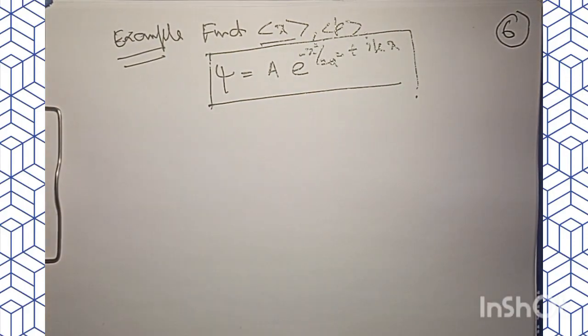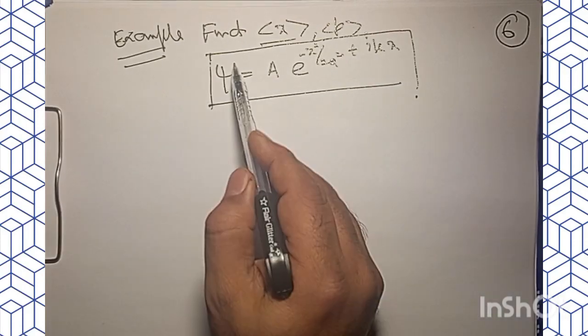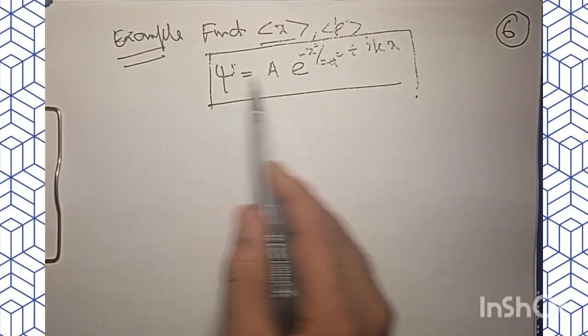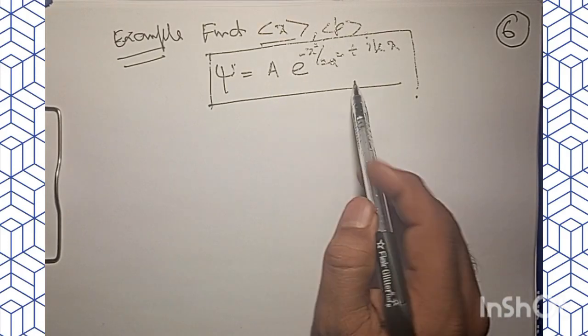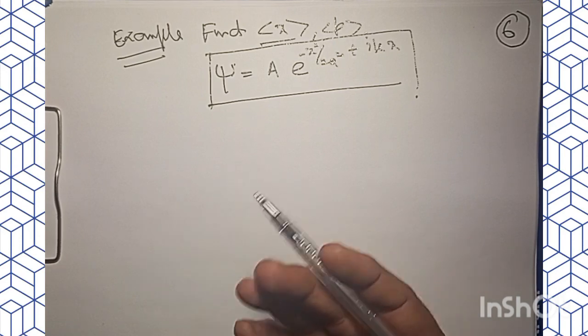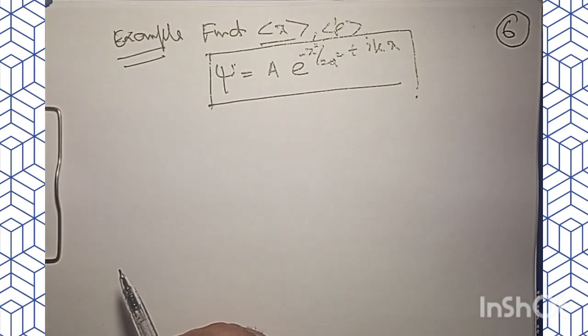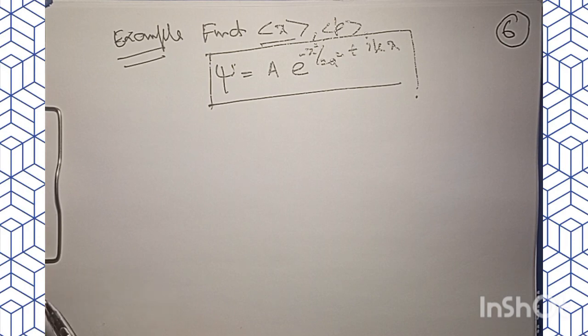So what I have here is a constant, and a wave function, which is a function of x, and what I am supposed to do here is to obtain the expectation value. What I can say is the most expected value for the position and the most expected value for the momentum.